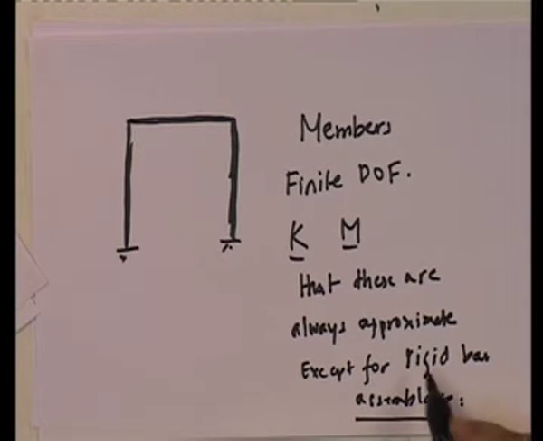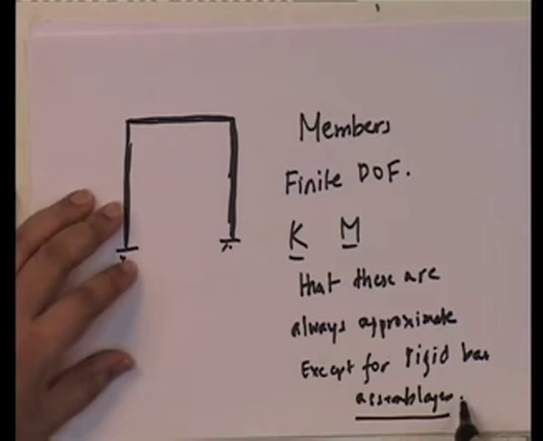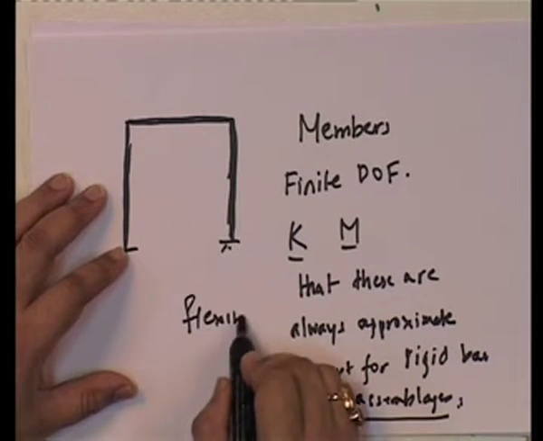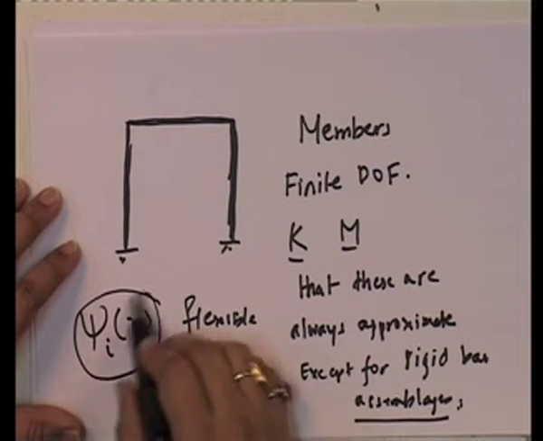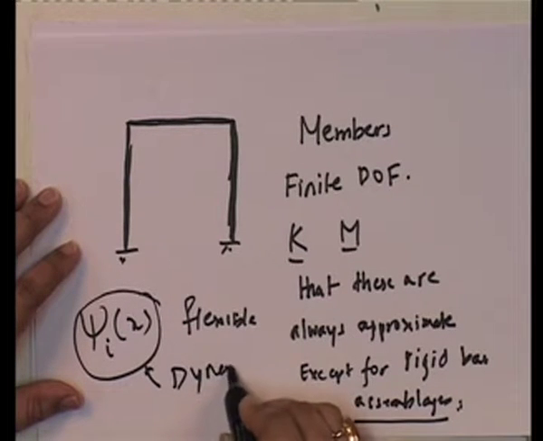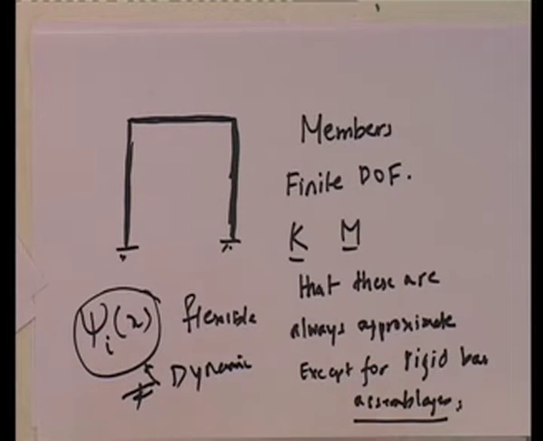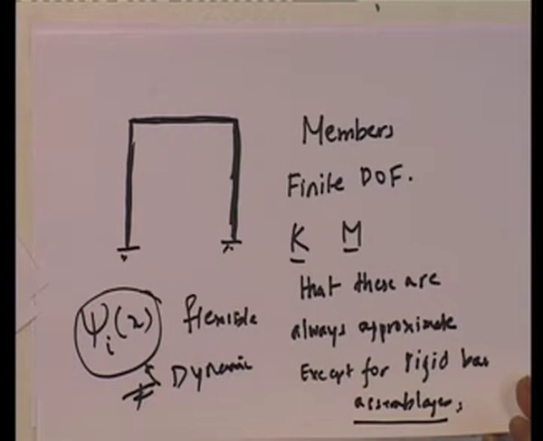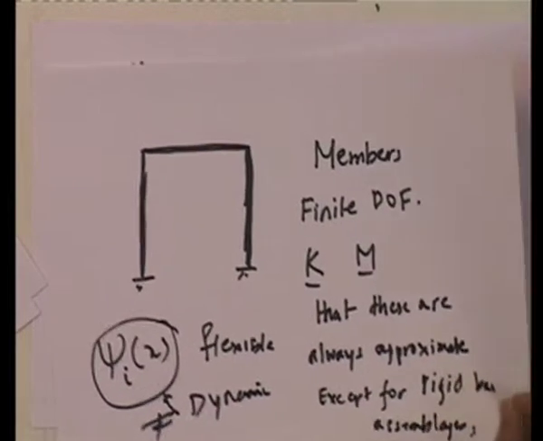For rigid bar assemblages, the K and M you can get exactly. But if you have flexible members, because we used xi I x as the cubic Hermitian polynomials, these do not represent the dynamic behavior at all. And so K and M are always approximations, which is why, since K and M are anyway approximations, the lumped mass formulation has this beauty about it.